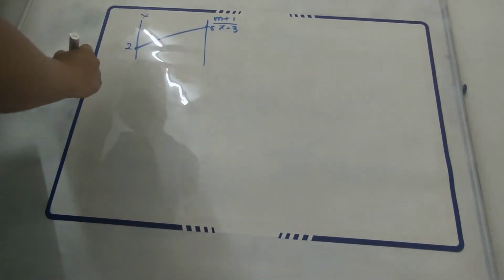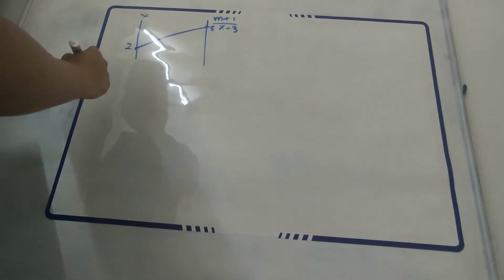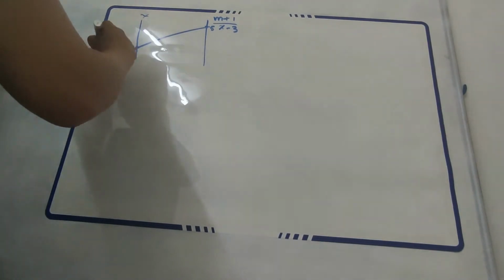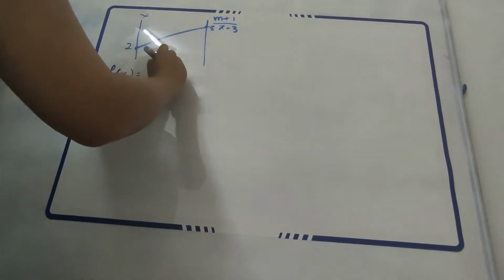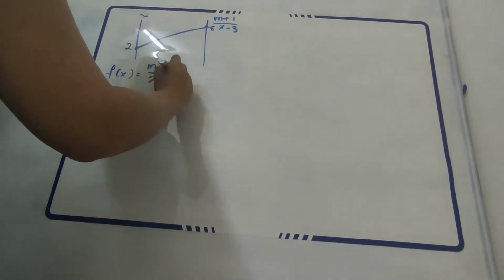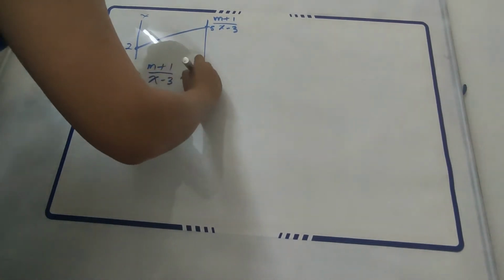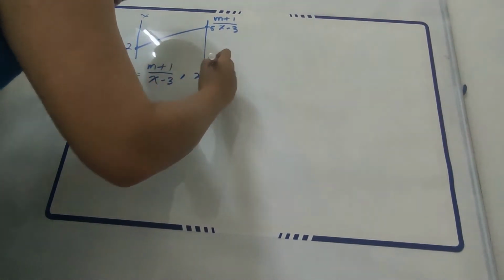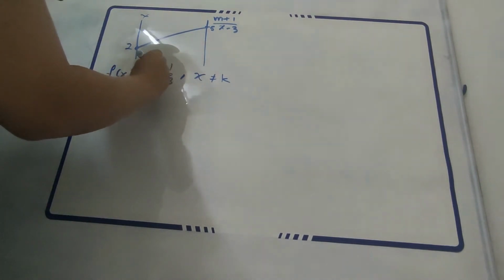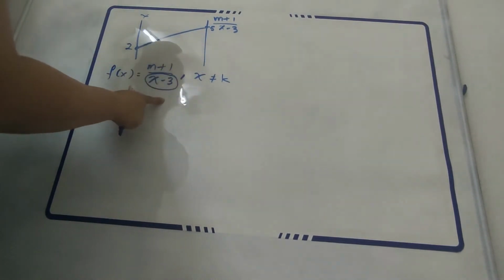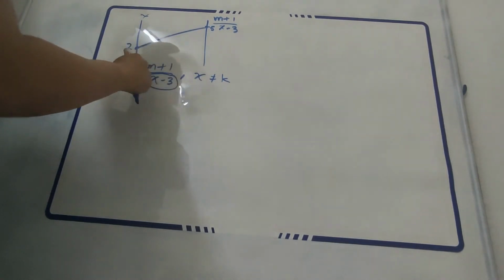The question asks what is the value of k. The function f(x) is (m plus 1) over (x minus 3), and x cannot be equal to k. So if the whole thing here is 0, then the whole function is undefined.